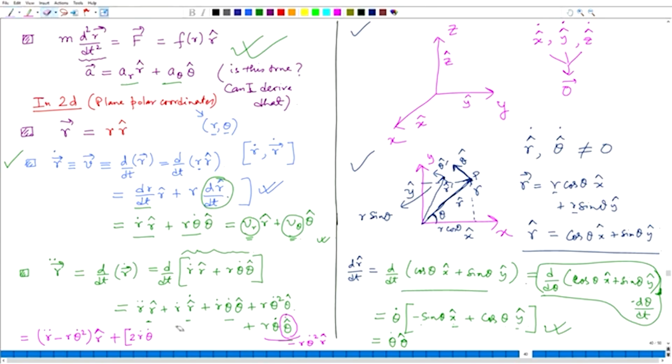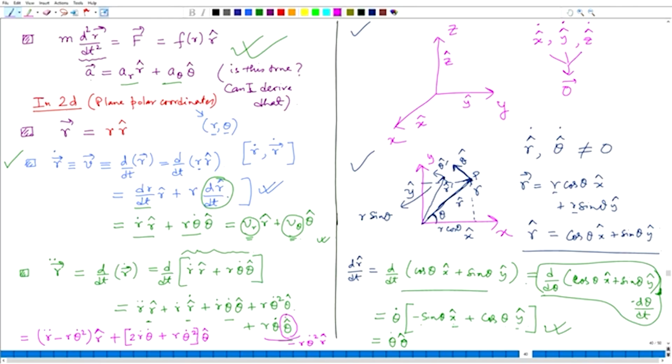And this one is plus r theta double dot theta cap.